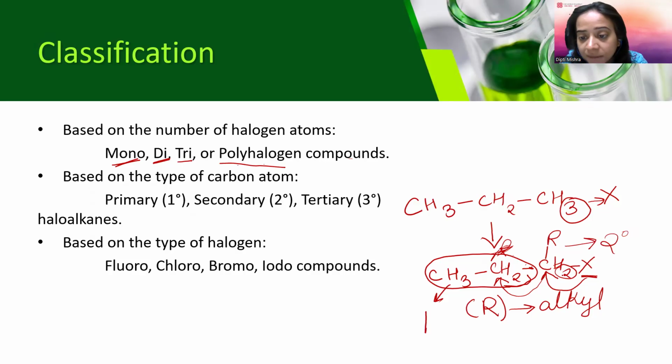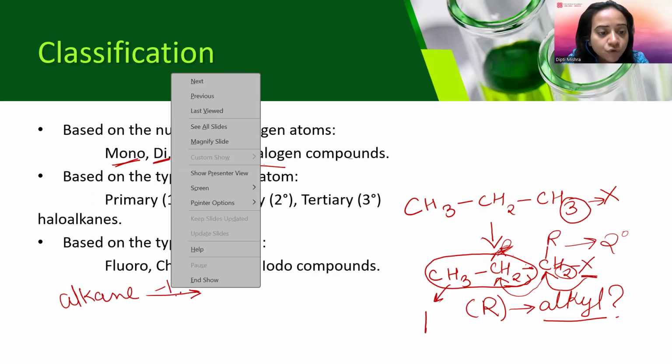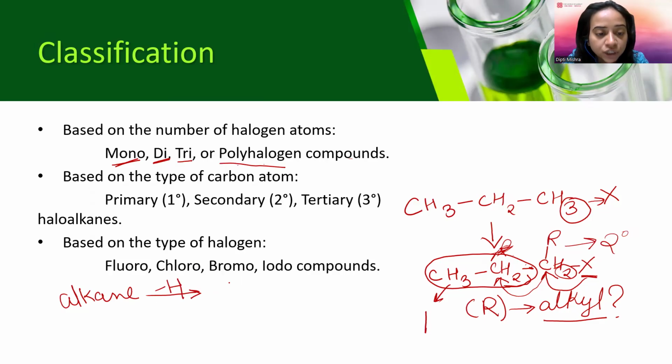Here one question is there. What is this alkyl group? Basically, you have an alkane chain. Alkane can be anything. You know that CnH2n+2 is the general formula of alkane. From an alkane, if you replace one hydrogen atom, then it is known as an alkyl group.